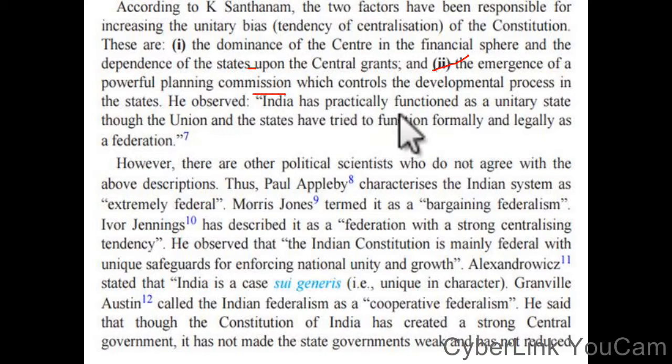He observed that India has practically functioned as a unitary state though the Union and the states have tried to function formally or legally as a federation.